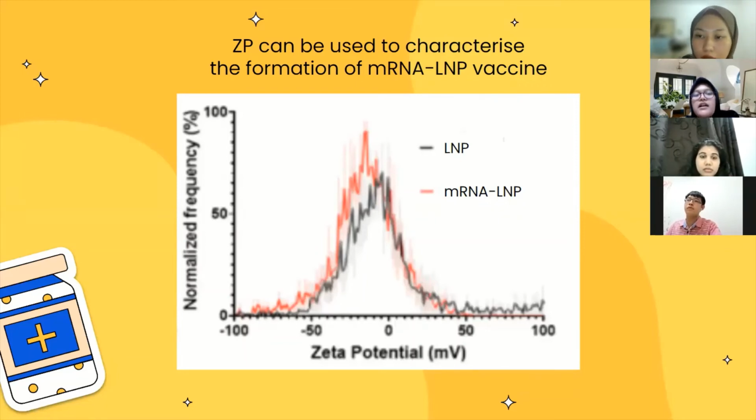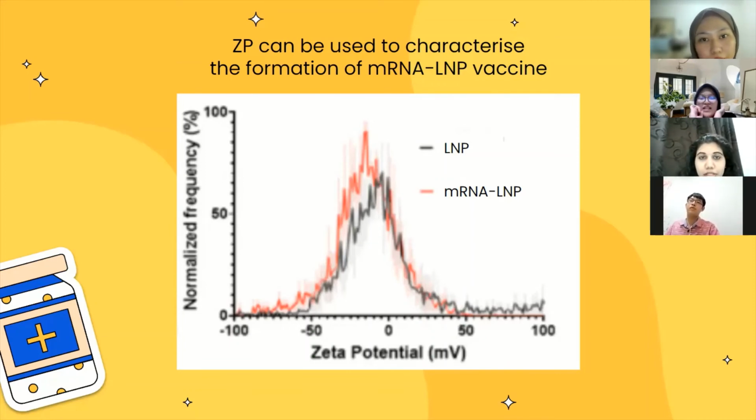So by using zeta potential, we can differentiate which lipid nanoparticles have the mRNA and which do not. Why can we do this? Because the lipid nanoparticle is positively charged, and the mRNA is negatively charged.